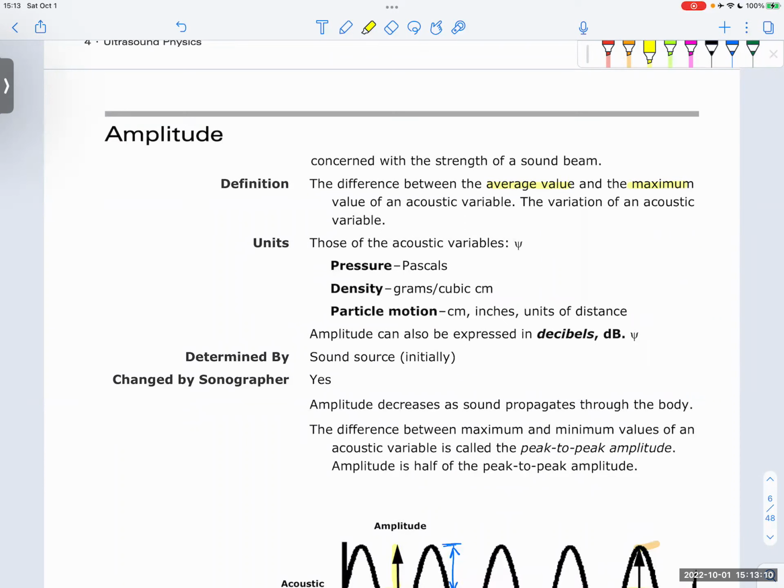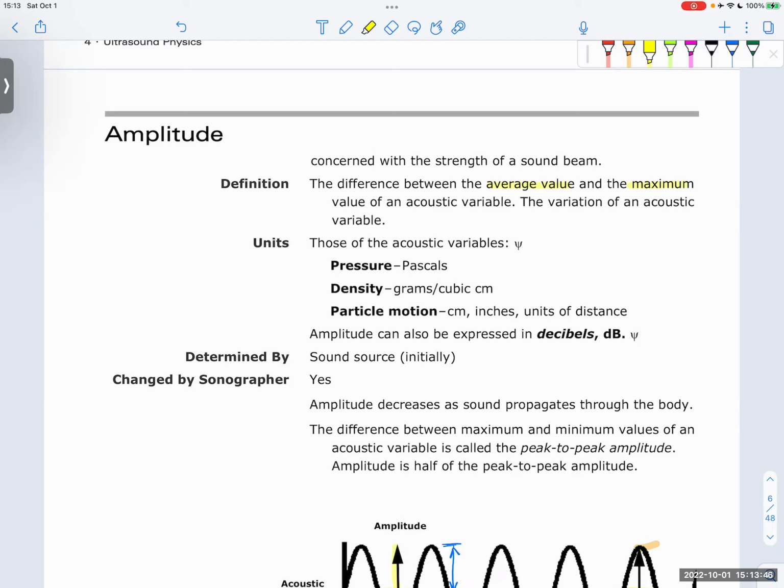Now, amplitude itself can describe pressure, density, or particle motion. If it describes pressure, the difference will be in Pascals. If it describes density, it will be the unit of density, grams per cubic centimeter. And if it describes particle motion, it will be a unit of distance. To make it easier clinically, the agreement was to use decibel to describe amplitude, which is technically unitless.